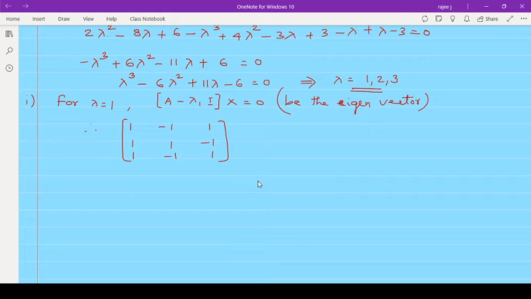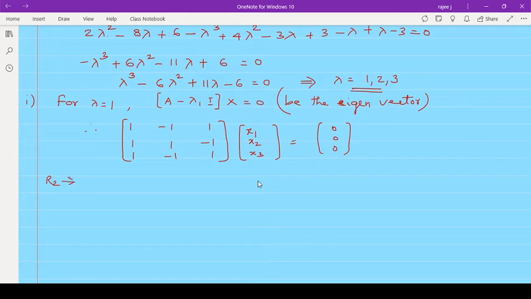So again, as we discussed yesterday, we will find the rank of this one, equal to 0, 0, 0. To get the rank of this one, we change this into echelon form. So first of all, I will convert R2 or R3, both you can do.